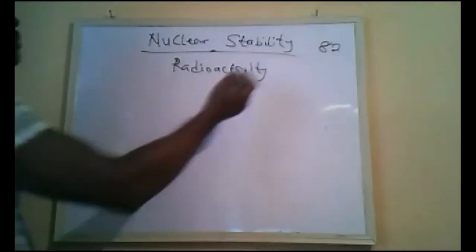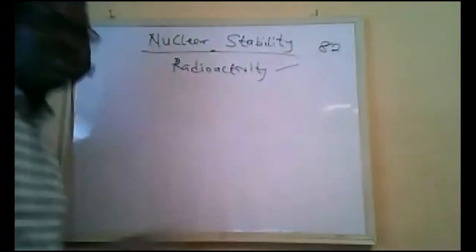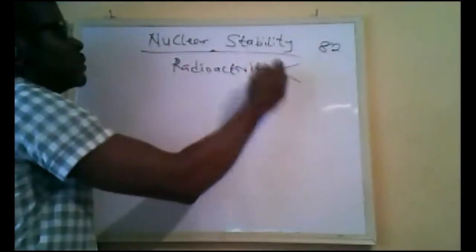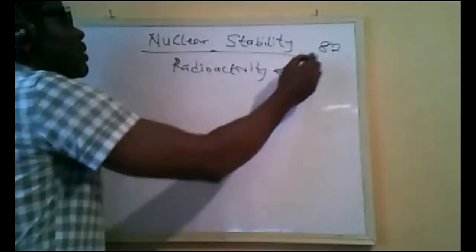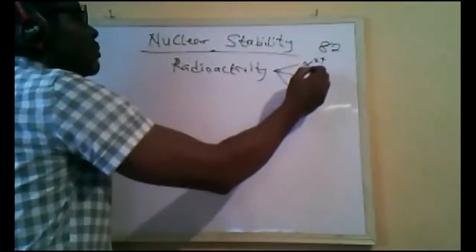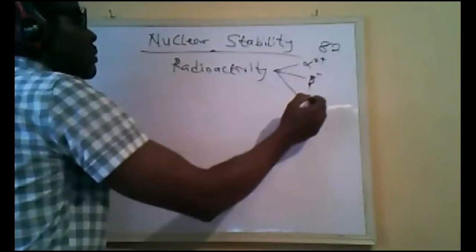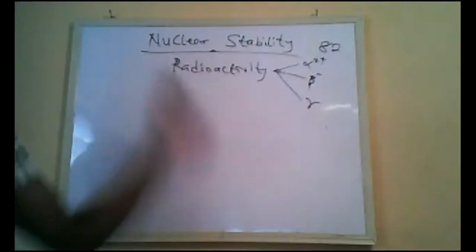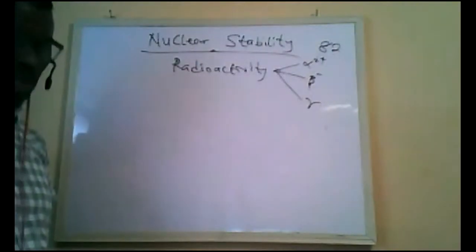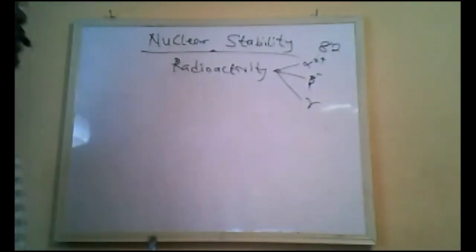One of them is, of course, in our basic physics in secondary school, we can identify three radiations in radioactivity: alpha ray, beta ray, and gamma ray. These three distinctions actually still hold, but much more than that.